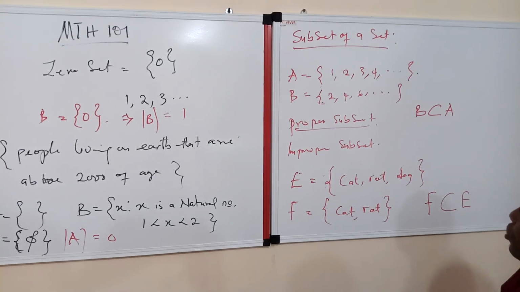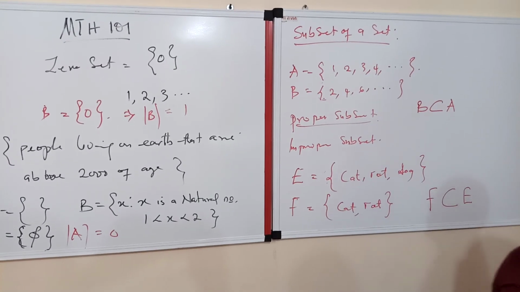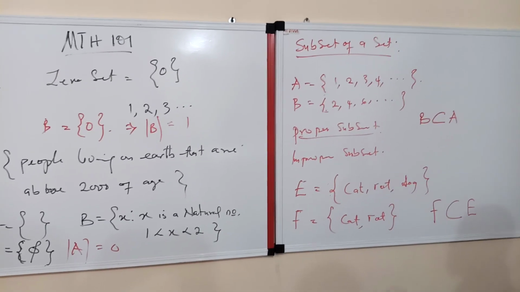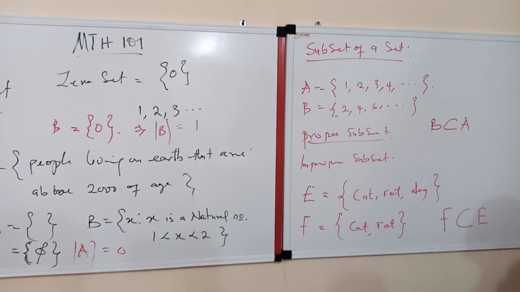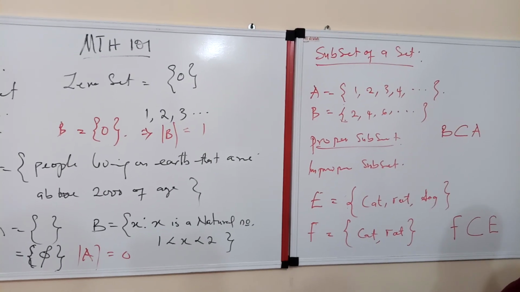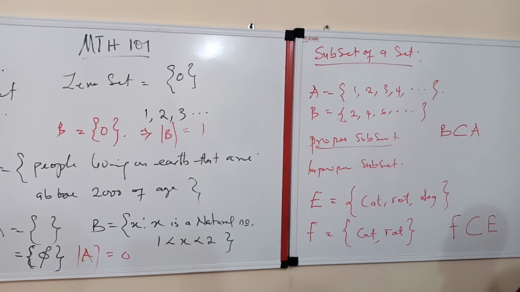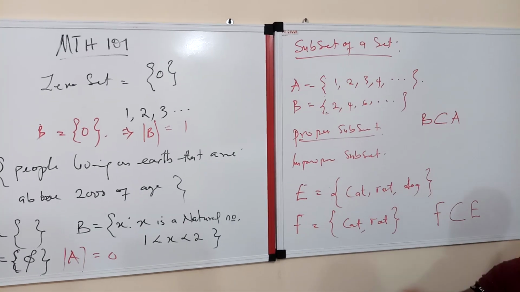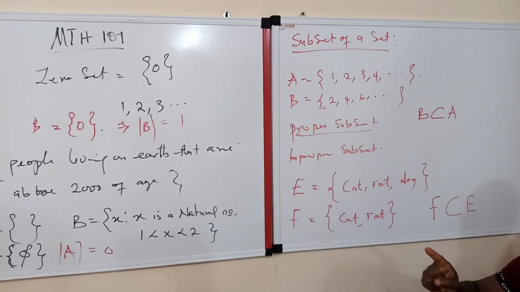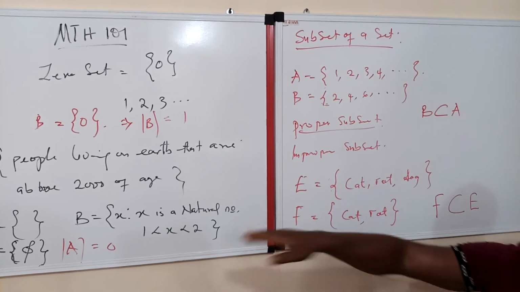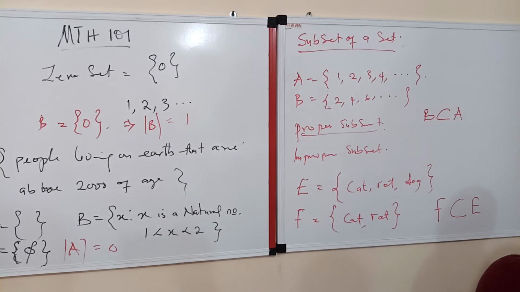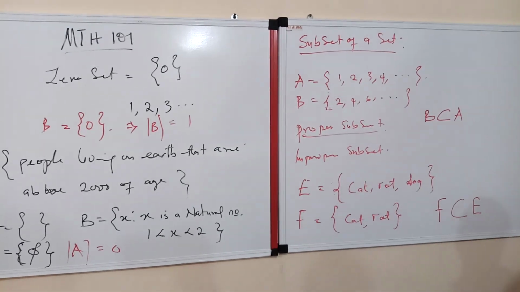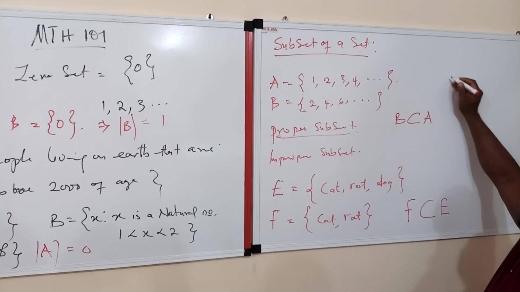Now, the next that I want to talk about is improper subset. We say, given two sets A and B, that A is an improper subset of B if and only if all the elements in A are contained in B, and as well all the elements in B are also contained in A. How do I mean? Let's give an example.